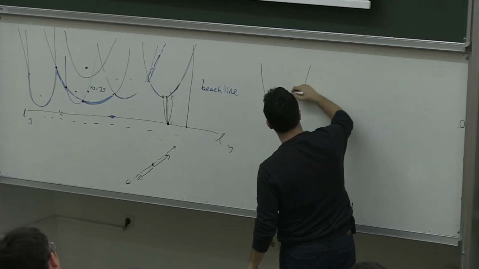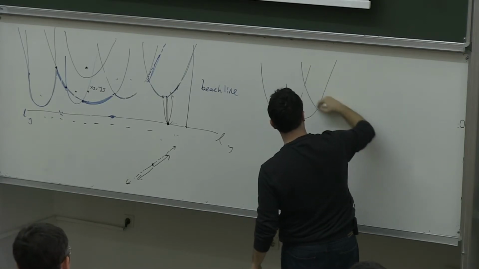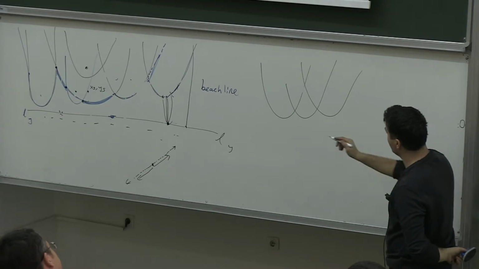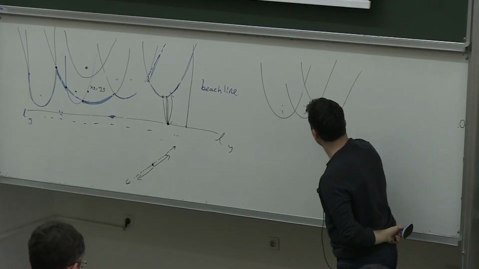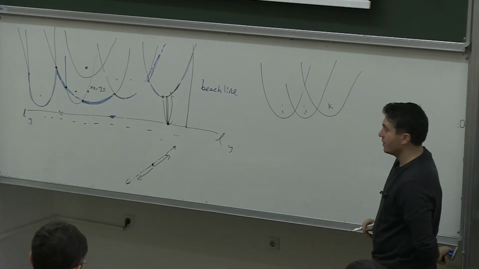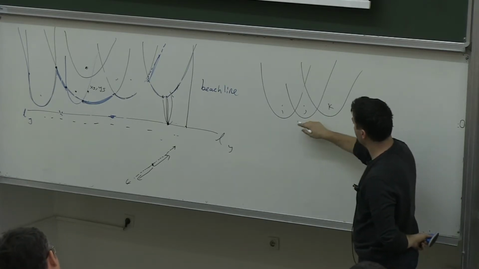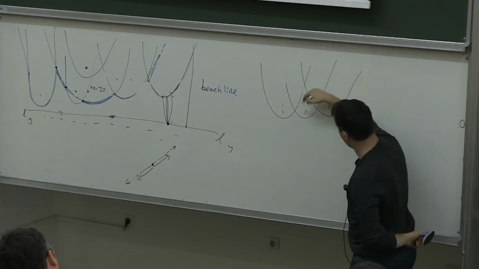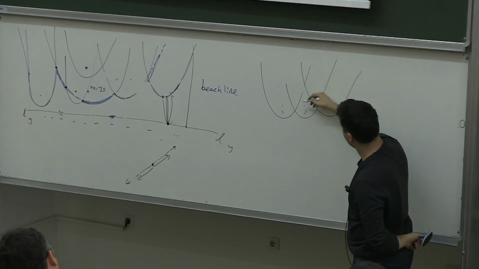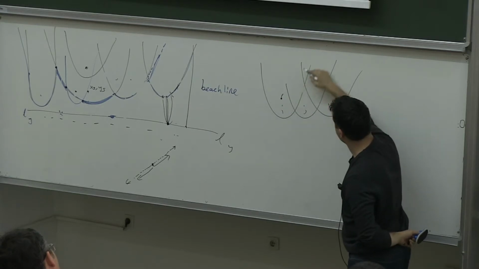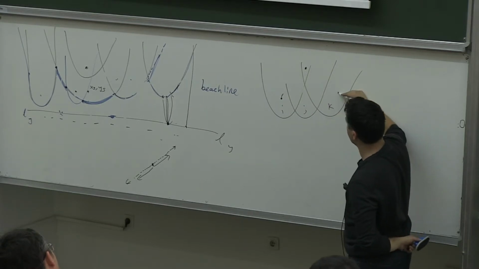Originally, there were three neighbor parabolas like this, okay? So let me name them I, J, K. And as the sweep line goes, this I and J may go lower, and based on the locations of these sites, for example, this one may be here, this one may be here.